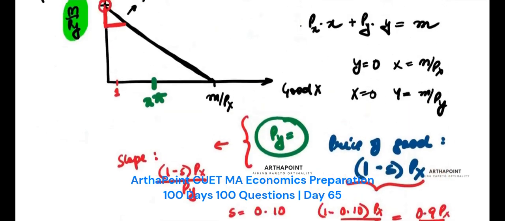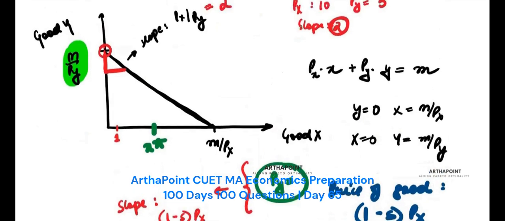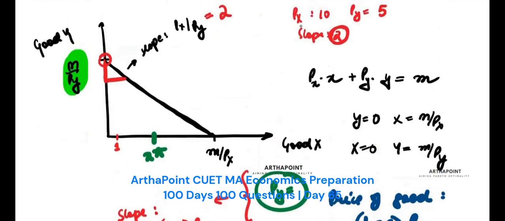So with 1.8, the perpendicular is lower. Perpendicular is not 2, it is 1.8 for every 1 unit. So your slope will become lower. Instead of 2 by 1, you have 1.8 by the same 1.